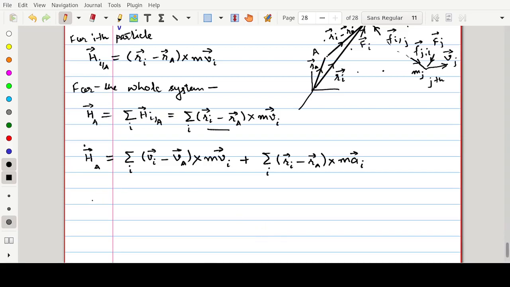Now when you open brackets, in HA dot, this term when it gets cross product with this term will go 0, Vi cross Vi will be 0, and what will be left will be minus Va cross Vi. Now this Va is a constant, so it can be taken outside summation.